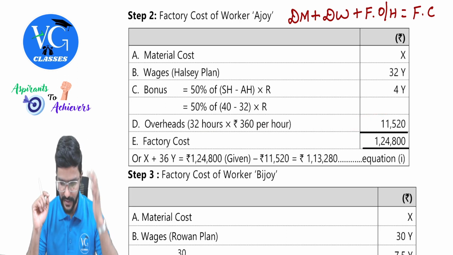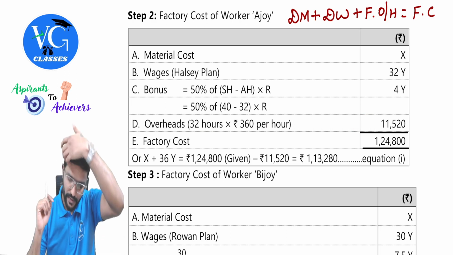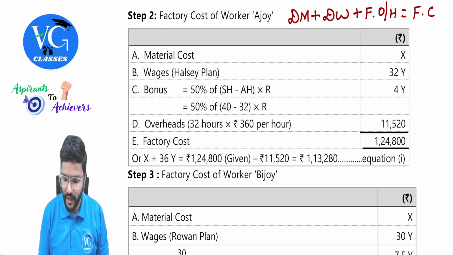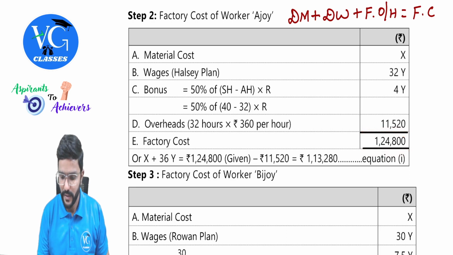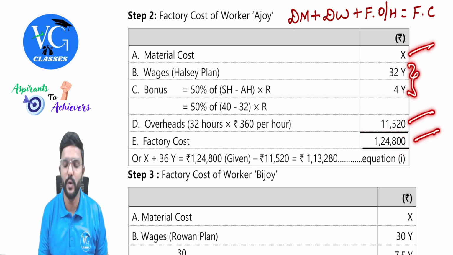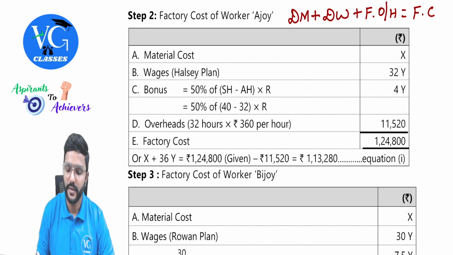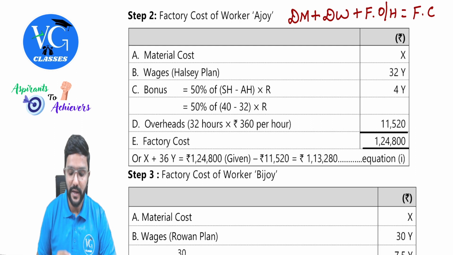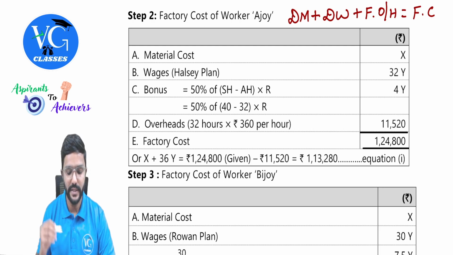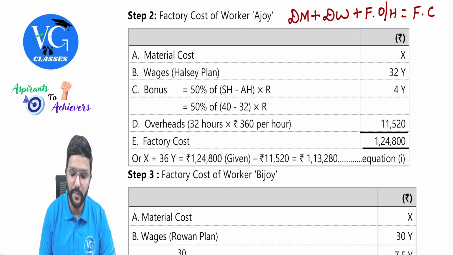Next, let us form an equation. Now factory cost, add up all. X plus 36Y plus 11,520 is equal to 1,24,800, guys. So can we take 11,520 to the other side? Yes. If 11,520 goes to the other side, it becomes minus.